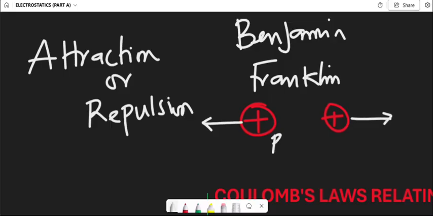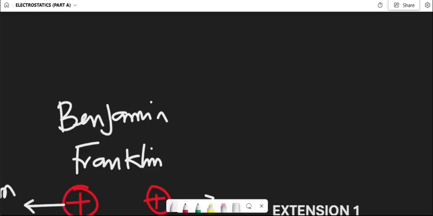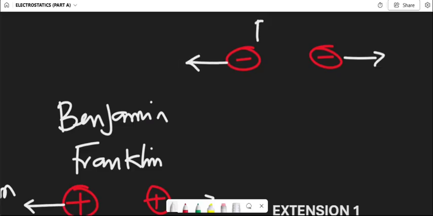He called it repulsion. Why are they repelling? Because they have the same kind of charges. And it's also applicable when we have a negative charge and a negative charge. Because they have the same kind of charges, those charges will repel. There will be what we call repulsion.